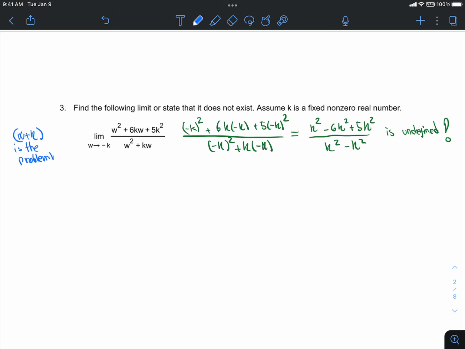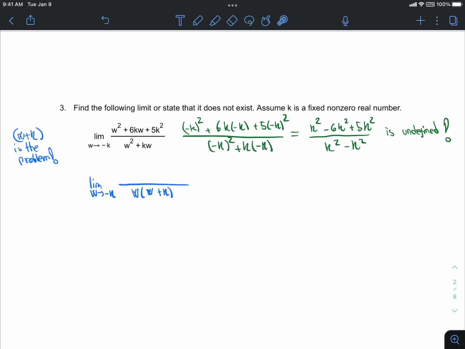When you plug in w equal to minus k, this equals 0. Even if I didn't know what the problem was, I could proceed. And from the bottom, it is easy to see that I can factor out a w to get w plus k. And that is the thing that I mentioned is the problem.